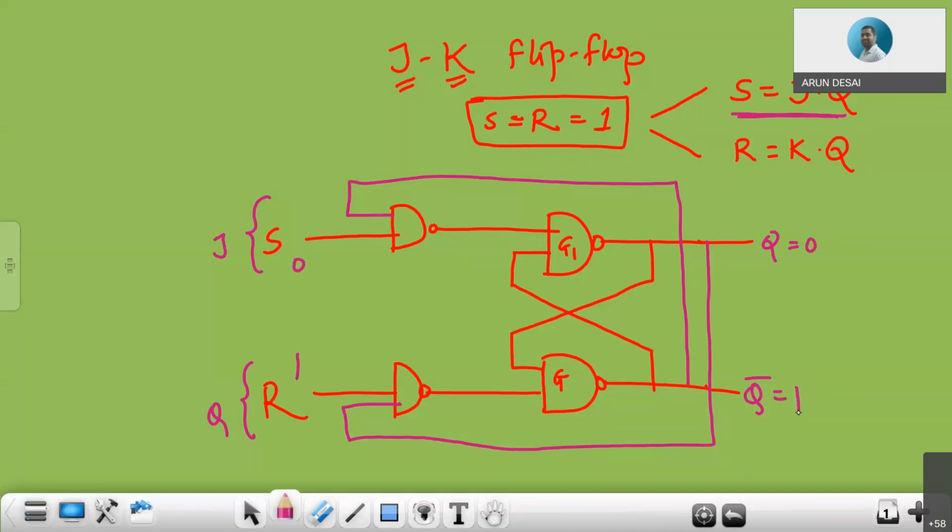If Q is 0, Q complement is 1, right? So this becomes 1, this becomes 0, right? In that case, what changes here? Okay, forget about other cases, consider 1, 1.